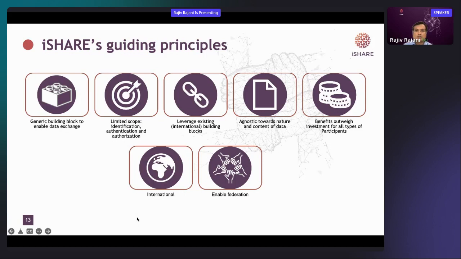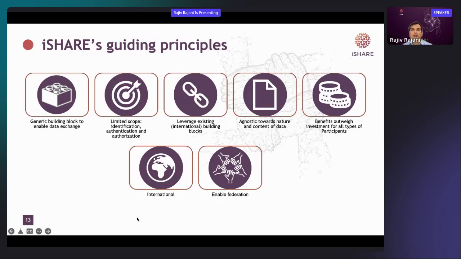And of course we don't want to reinvent the wheel when there are already working wheels invented by a lot of international organizations. So we leverage existing open standards like OAuth 2.0, OpenID Connect, PKI infrastructure, and the eIDAS framework, to just name a few.